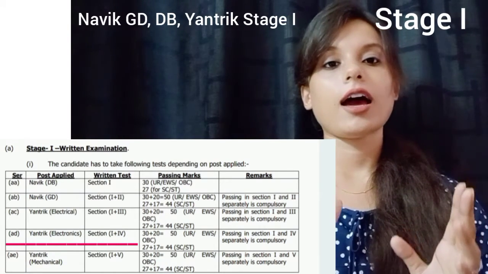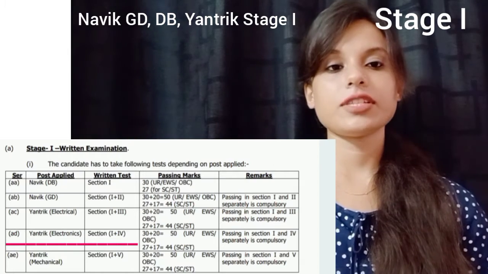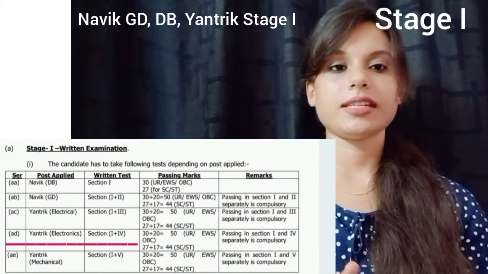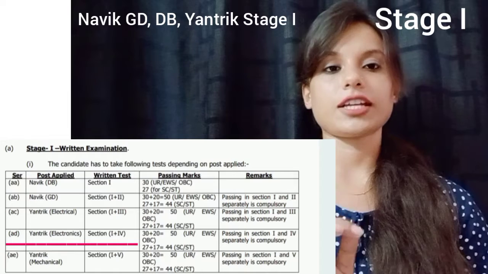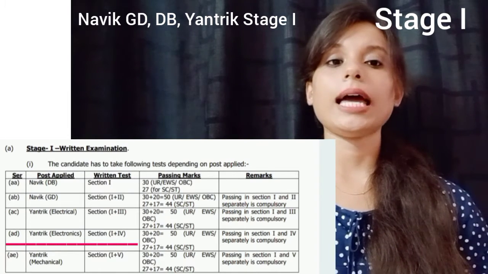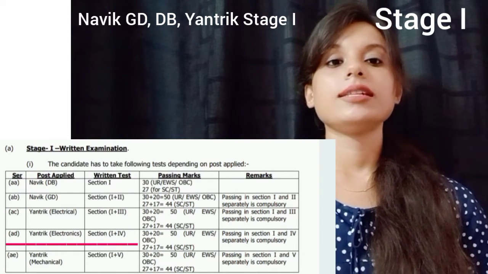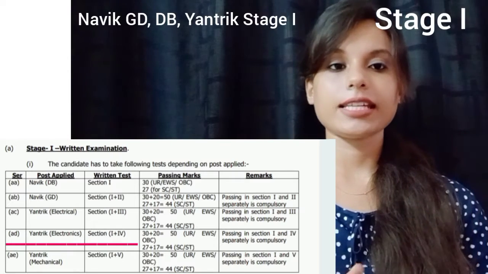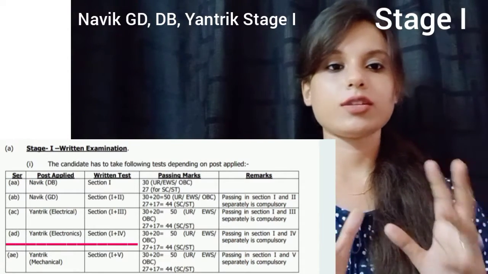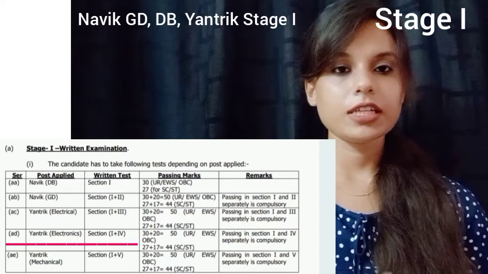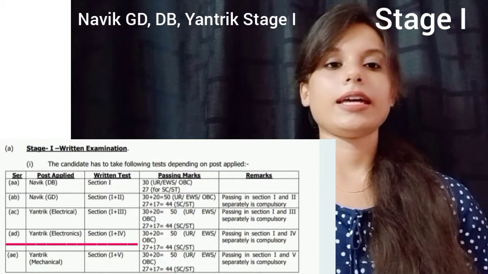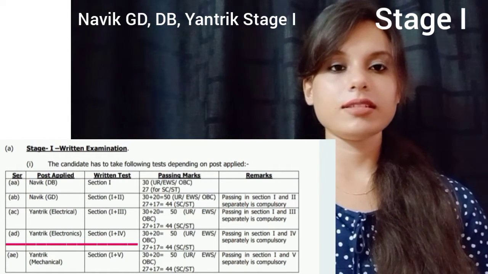For the SC/ST category, 27 is the passing mark for section 1, and you have to secure 17 in the second section. So it's almost similar to the previous posts examination.